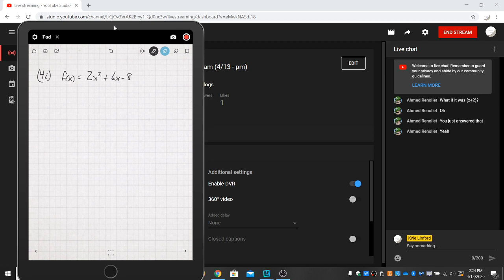So we need to figure out, and I'll write this to the side, what the vertex is, the x-intercepts, and I'm going to use the vocab word concavity. Concavity just means, are you open upwards or downwards? Okay. I'll just keep those to the side there, and we'll try to fill them in as we go along.